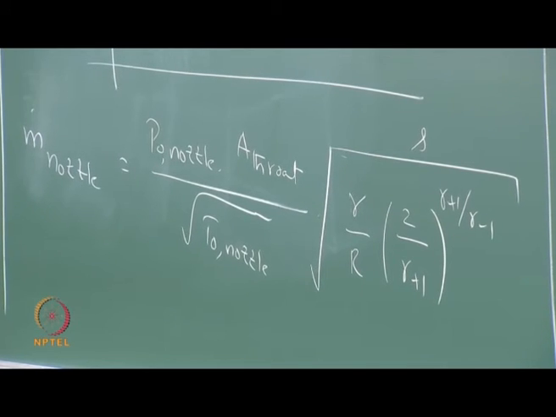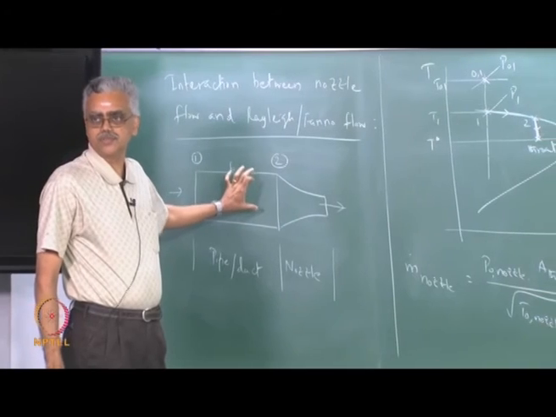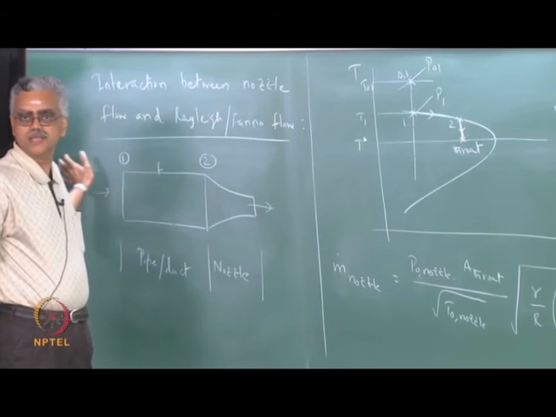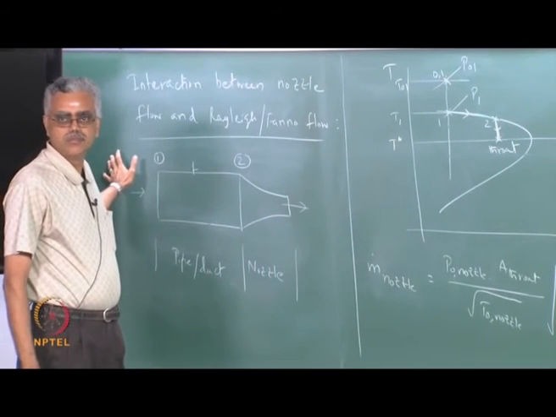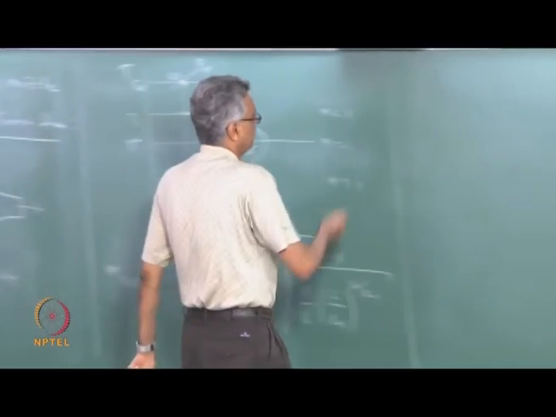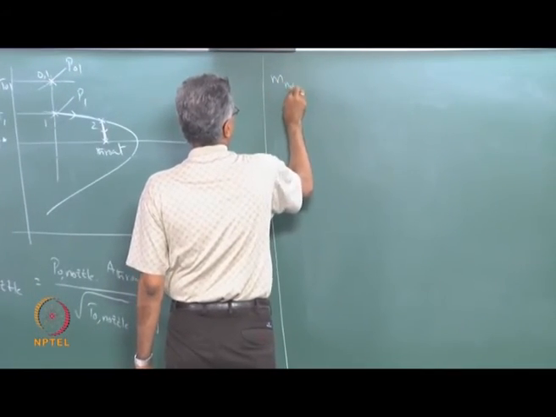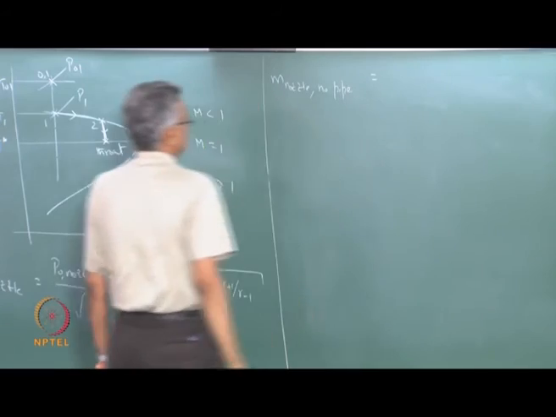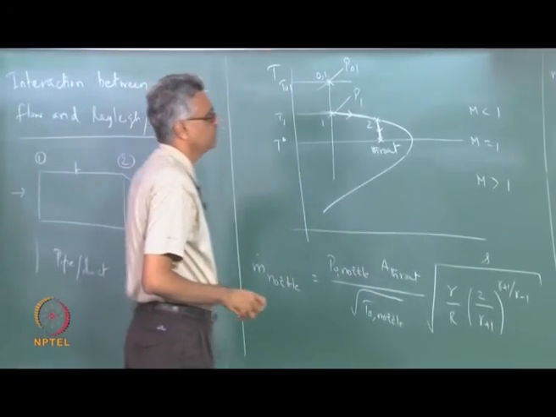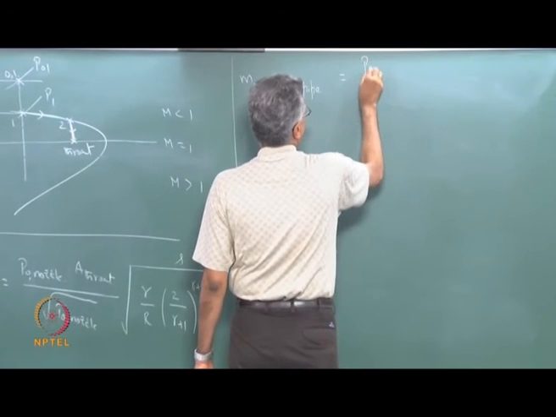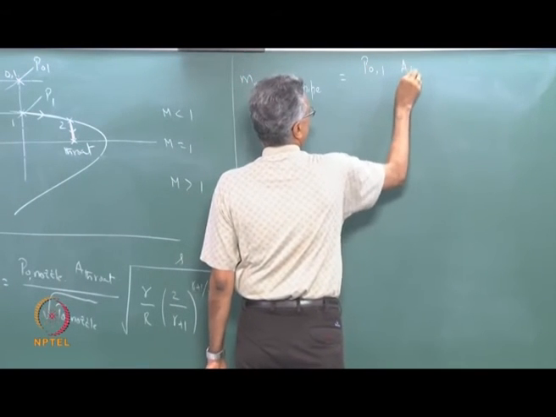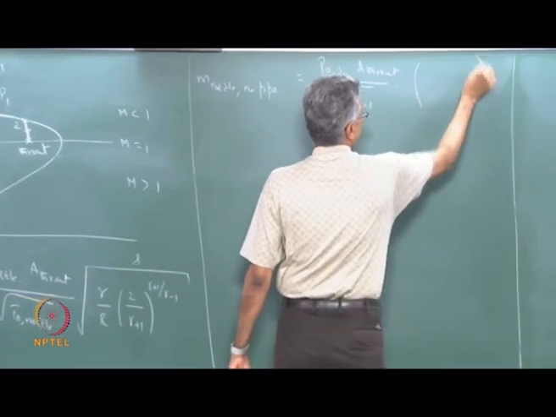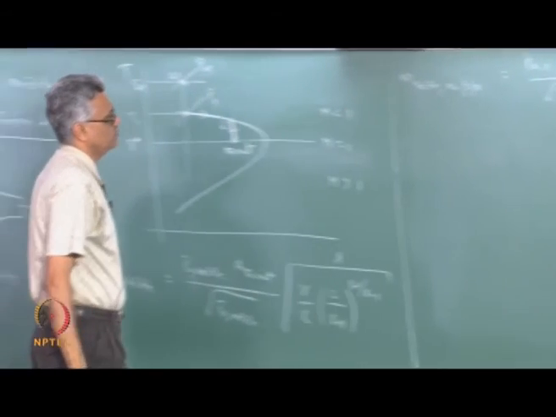If the pipe or the duct were absent, then the stagnation pressure for the nozzle would be the same as the stagnation pressure over here, P01. So, if there is no pipe or duct, then P0 nozzle would be equal to P01, P01 times A throat divided by square root of T01 times this quantity under the square root.